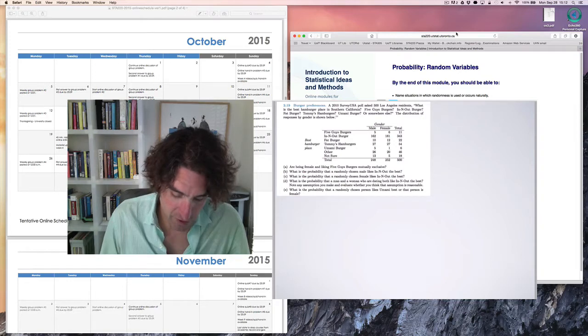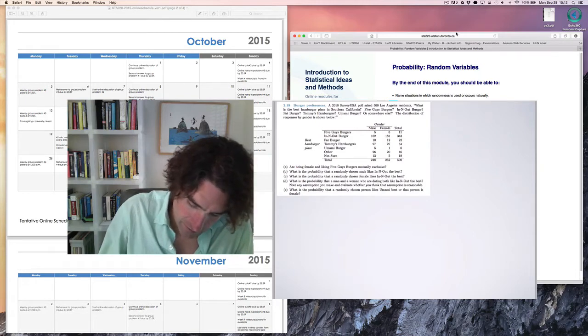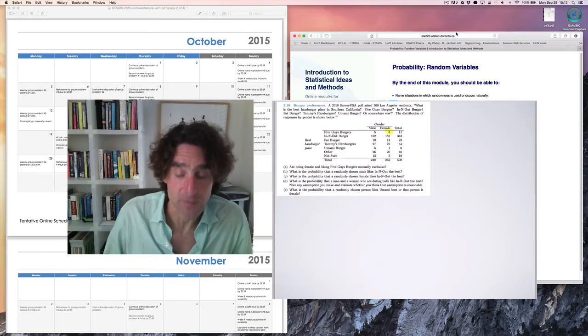And the first question asks, are being female and liking Five Guys burgers mutually exclusive? Well, you can see here that for Five Guys burgers, there's 6 females who like Five Guys burgers.